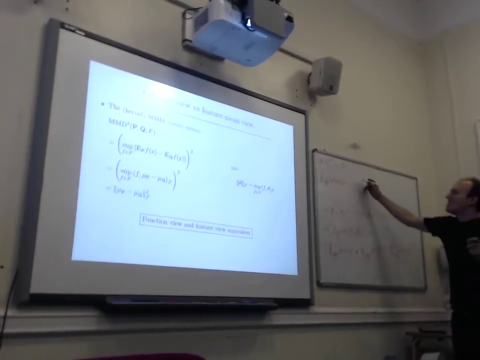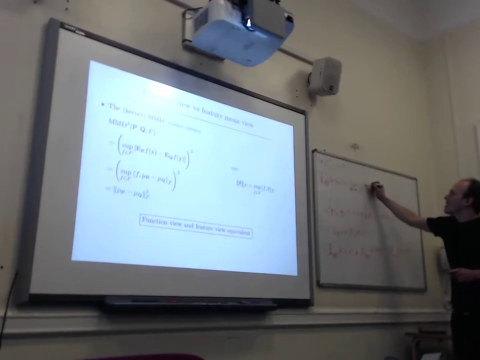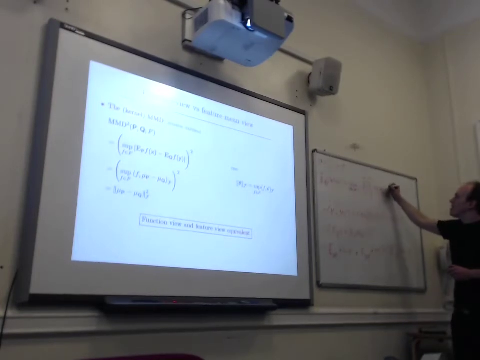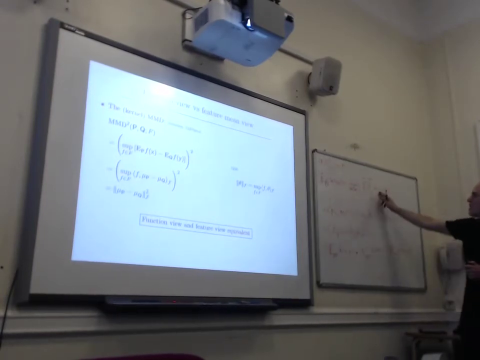So it's basically a sum over i equals 1 to m, x_j. So what have I done here? What I've done is I've taken the average of k between x_i and x_j for every unmatched pair of i and j.